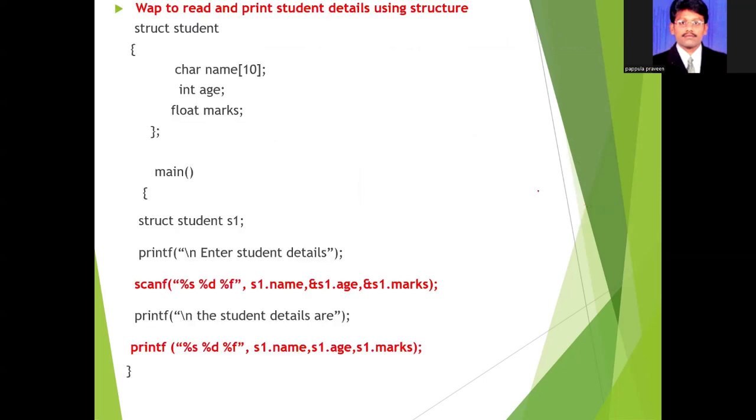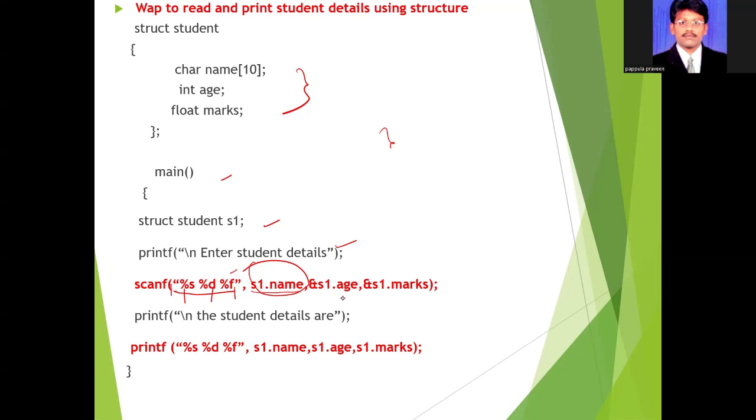That's it. Now coming to one program here, I mentioned three variables. In the main method, you create one object S1 and enter the student details. Now three variables are there. One is the string type, another one is the integer, another one is the float. Now S1.name, no need of the ampersand symbol for the reading of strings.